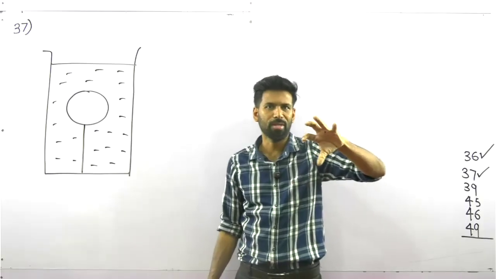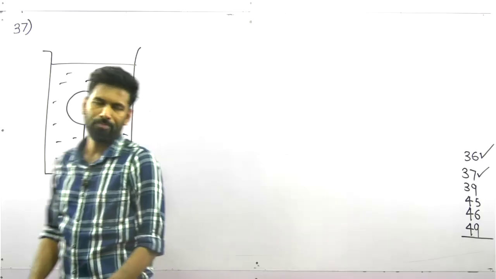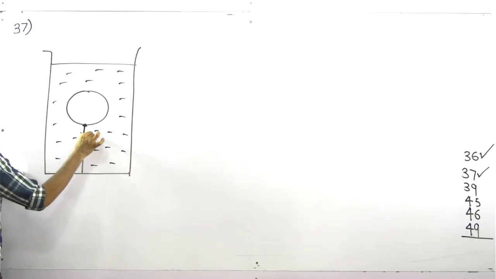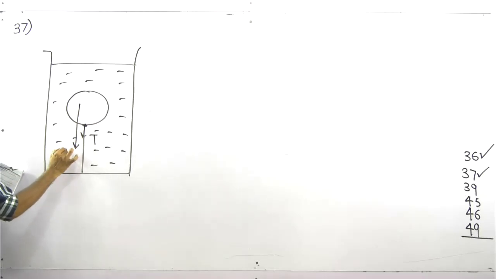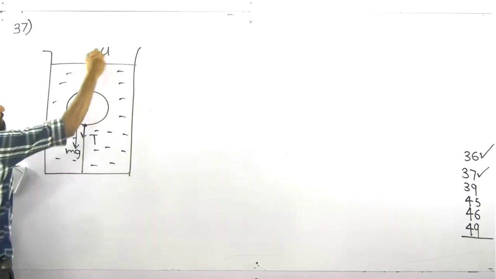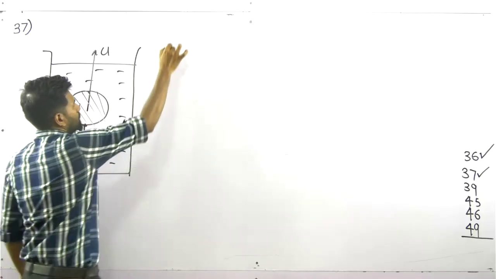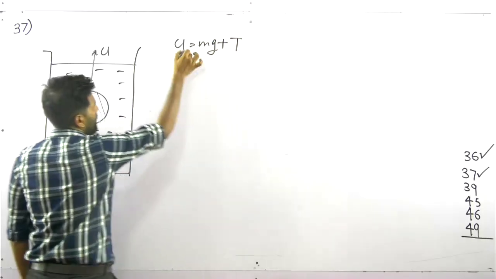If you need to keep them inside the liquid, you have to tie them to the bottom with a string, and that string will create a tension T downward, acting at the connected point towards the string itself. And the rubber ball or whatever has the weight also. The two forces acting downward will be balanced by the upthrust, keeping the equilibrium. Okay, U is equal to mg plus T here.